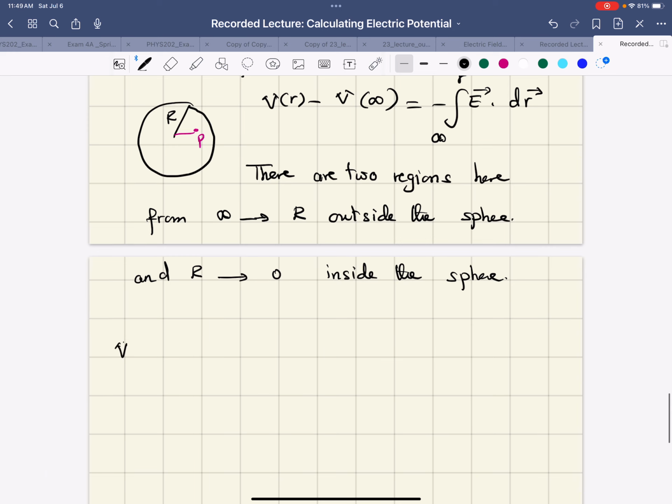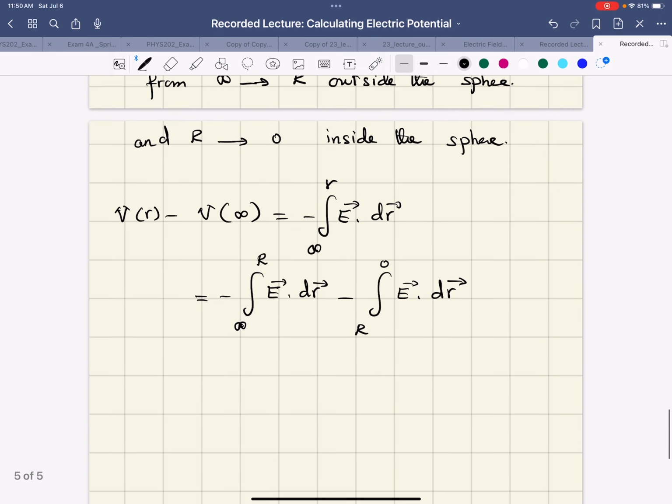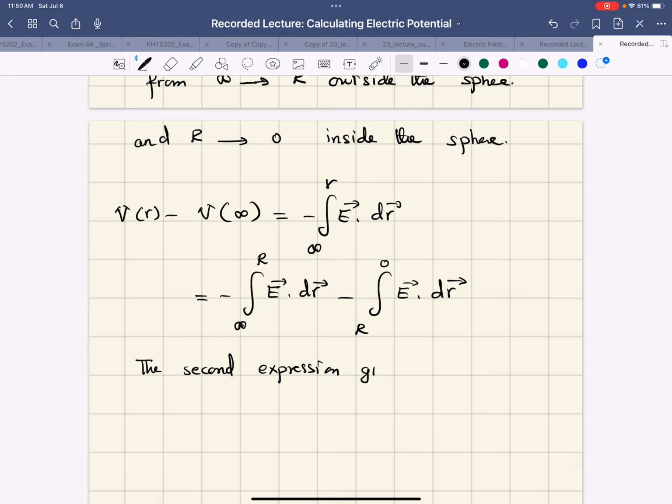Again, V of r minus V of infinity is minus the integral from infinity to r of E dot dr, which equals minus the integral from infinity to uppercase R of E dot dr, minus the integral from R to 0 of E dot dr. Now we know that the second expression gives 0, because E is 0 inside the sphere.